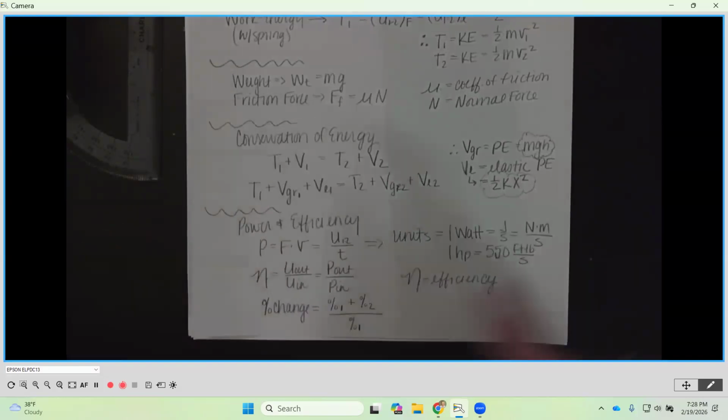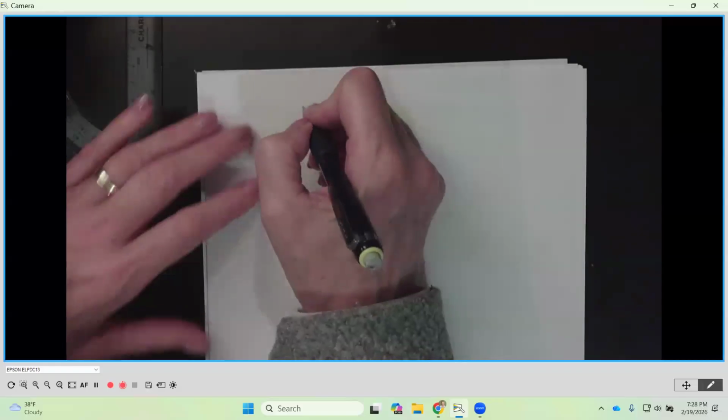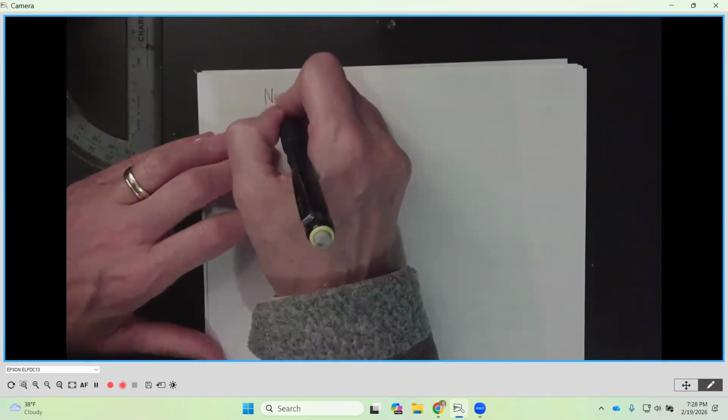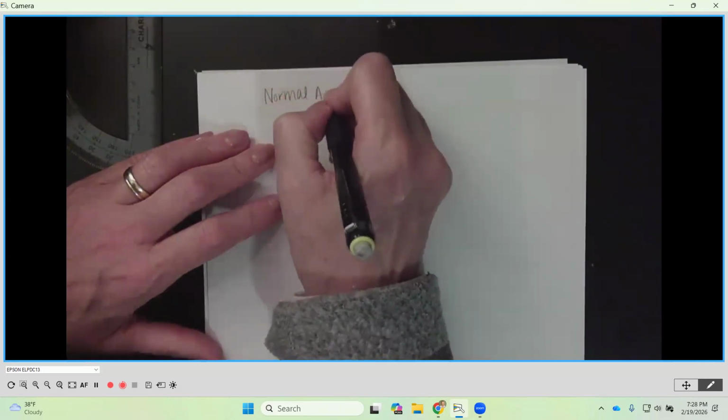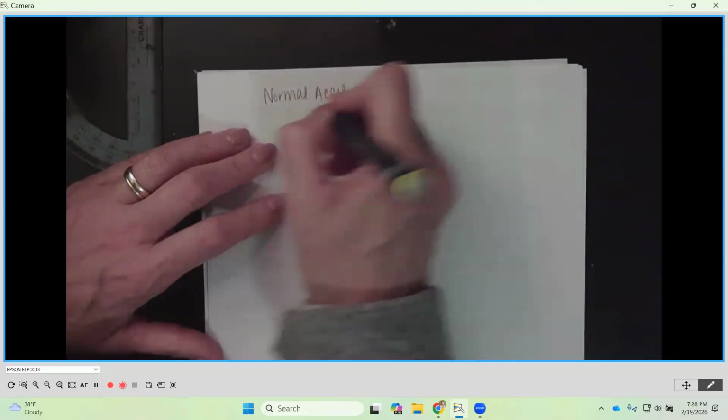Okay. Now I'm going to turn this over because there's just a couple other things I want to add here. That was concept wise, but another thing that's going to come up is we need to just remember normal acceleration. It's actually going to be in the very next practice problem that we do.